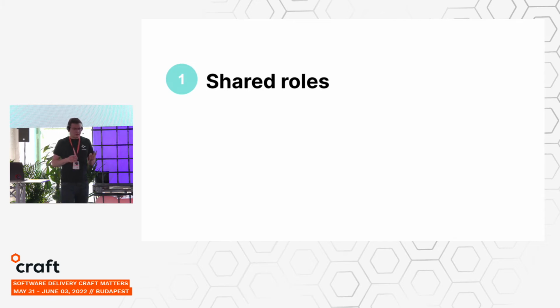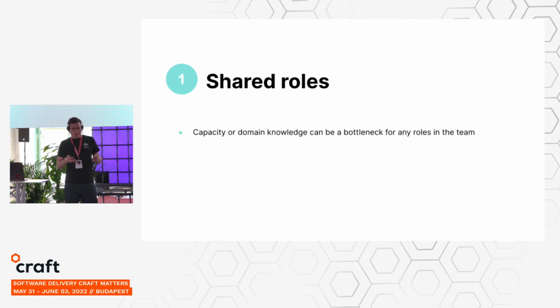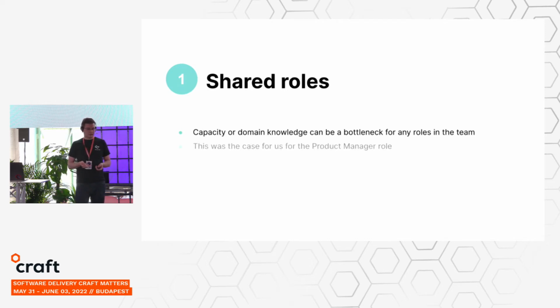So one of the examples I would like to bring as a good tool, what you can consider doing in your projects as well, is having shared roles. In many of the projects and many of the teams, you may not have the required capabilities or domain knowledge what you need to deliver a feature that might not be present in the team.